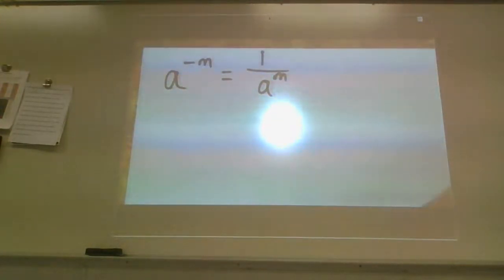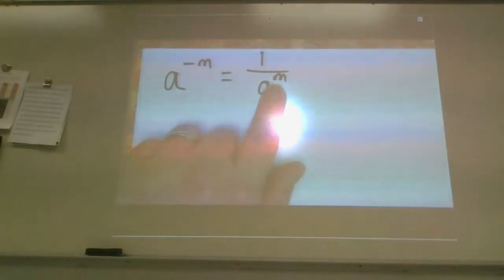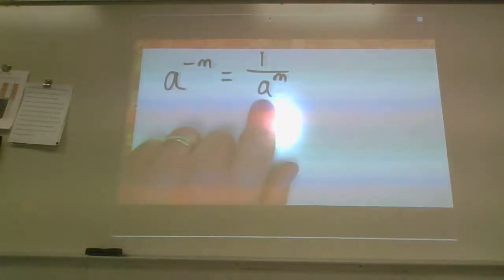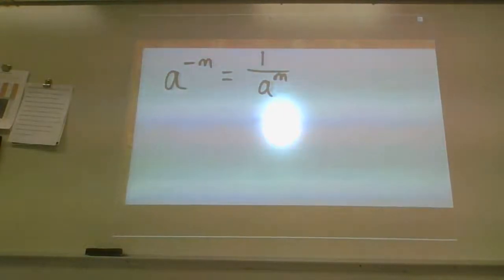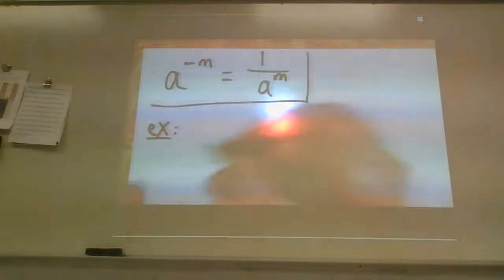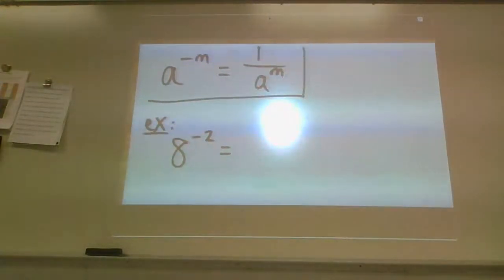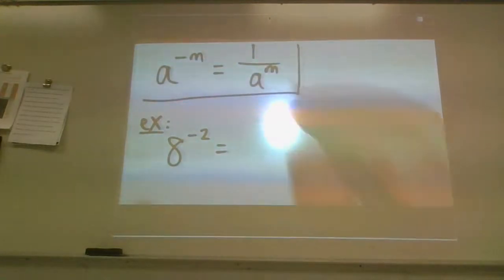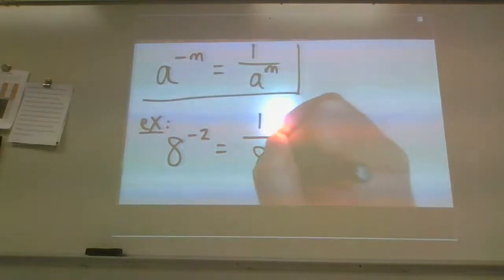Or vice versa, if you have a fraction with that exponent, you can take a reciprocal of that and turn it into a negative exponent. Now, the example that I have is exactly the problem that we were working on. 8 to the negative 2 power is nothing more than 1 over 8 to the positive 2 power.